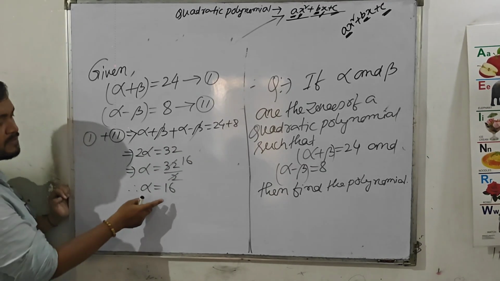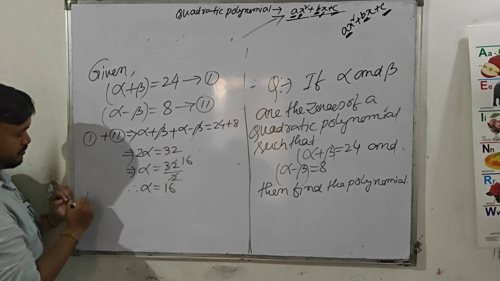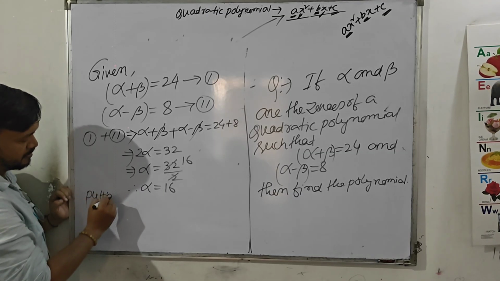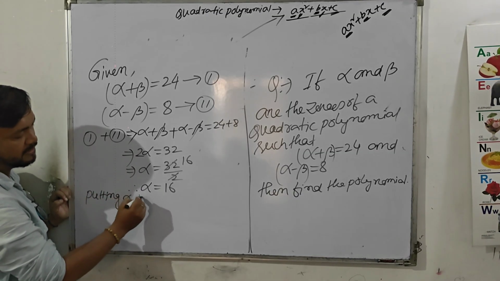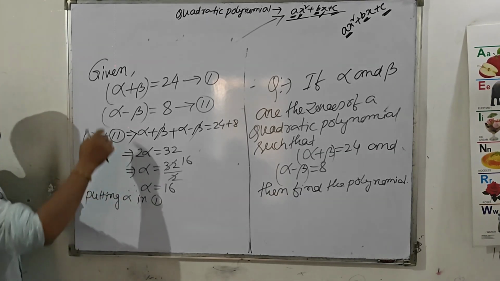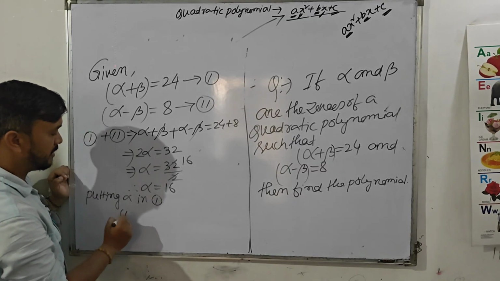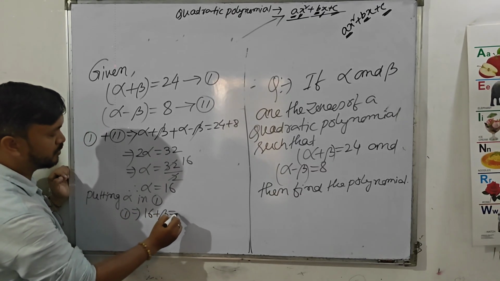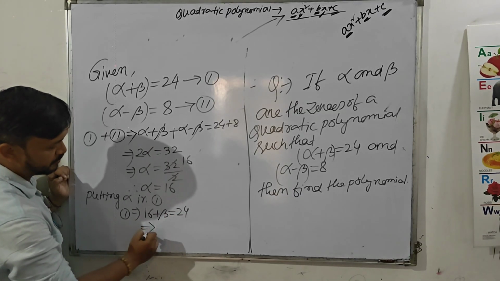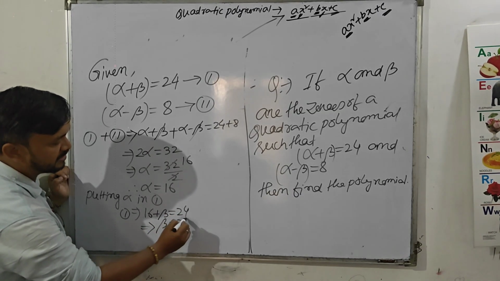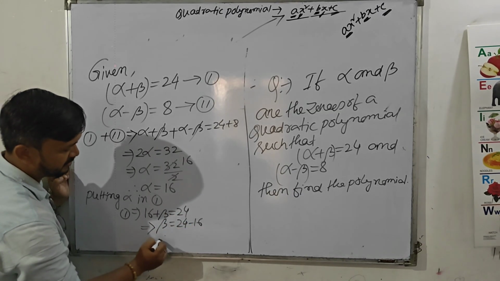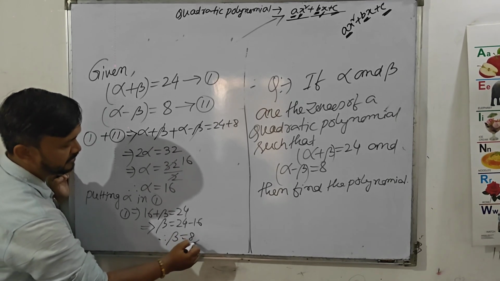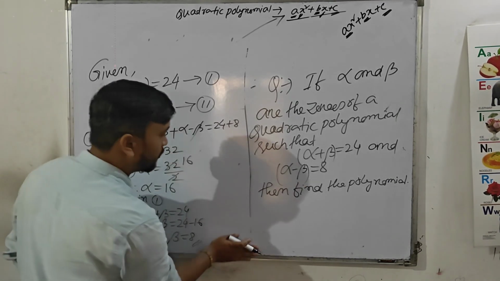You can substitute this value anywhere. Putting alpha in equation 1, alpha value is 16, beta value is unknown, this is 24. You can easily calculate beta, that is 24 minus 16, so beta will be 8. Perfect.